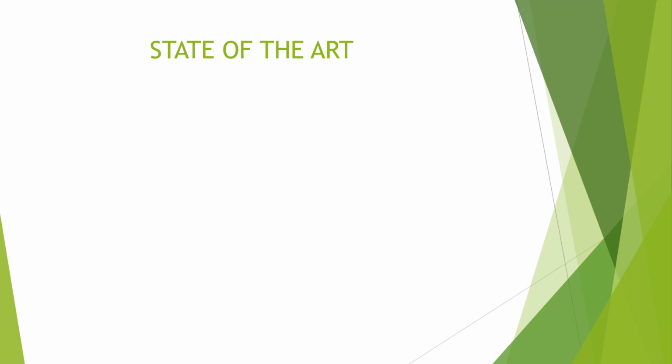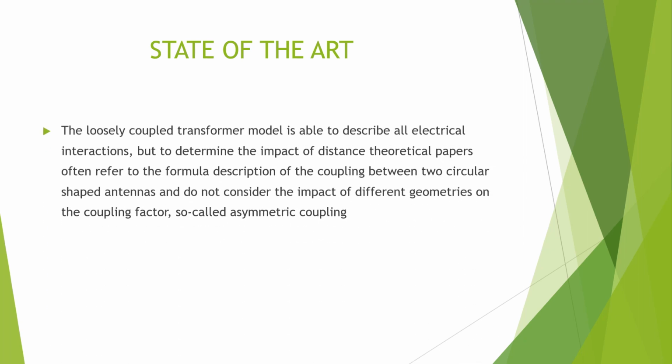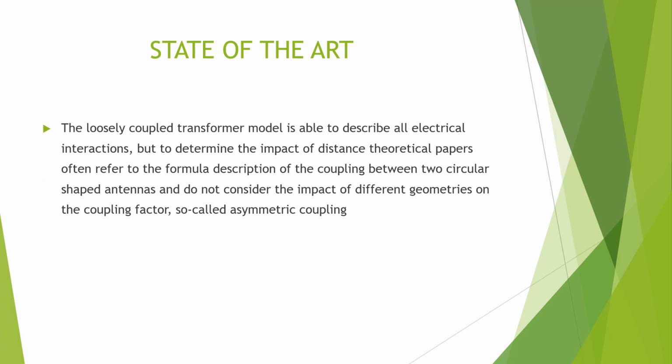State of the art. What is state of the art? The loosely coupled transformer model is able to describe all electrical interactions, but to determine the impact distance, theoretical papers often refer to a formula description of coupling between two circular shaped antennas.